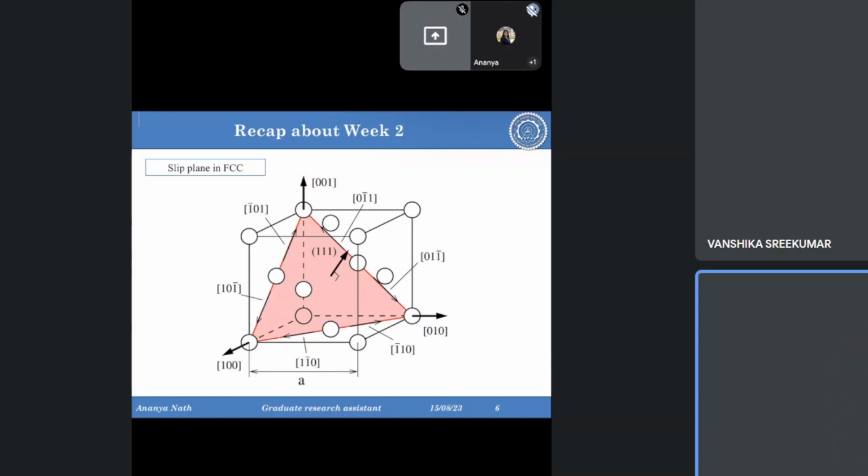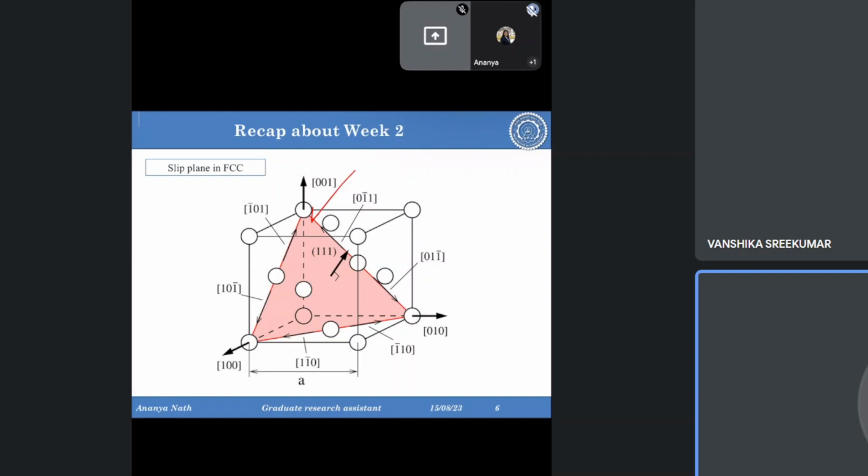So in the FCC lattice, this is the 111 plane, which has the tendency to have the dislocations along this particular plane. So in FCC there are 12 slip planes.